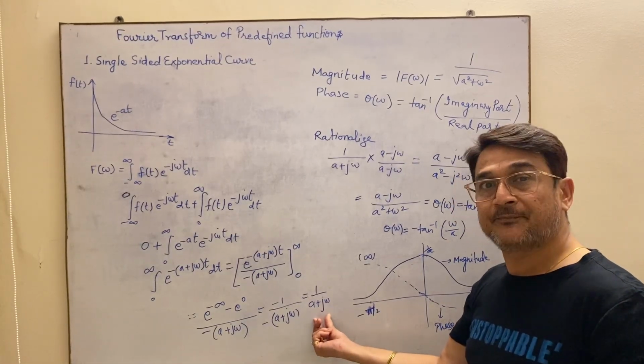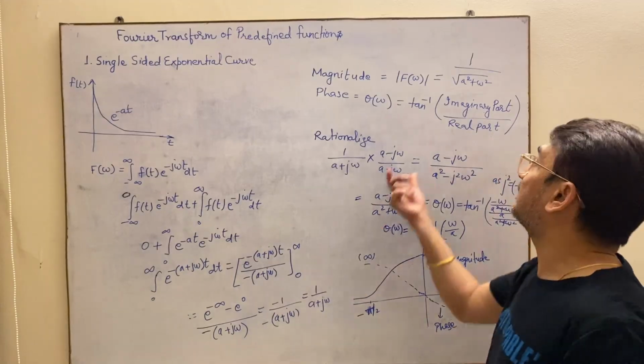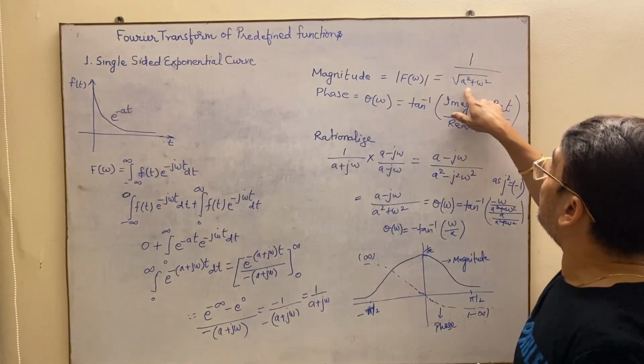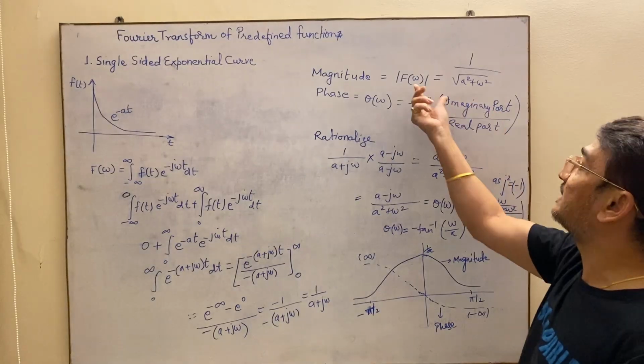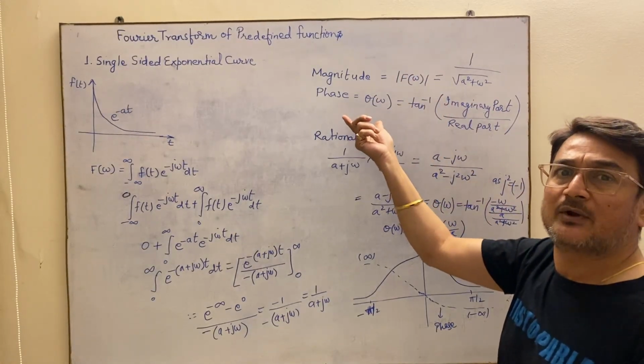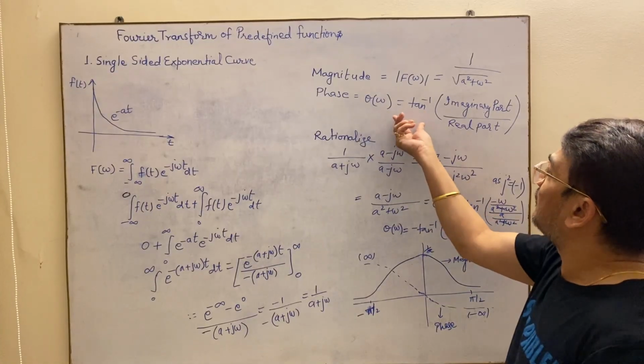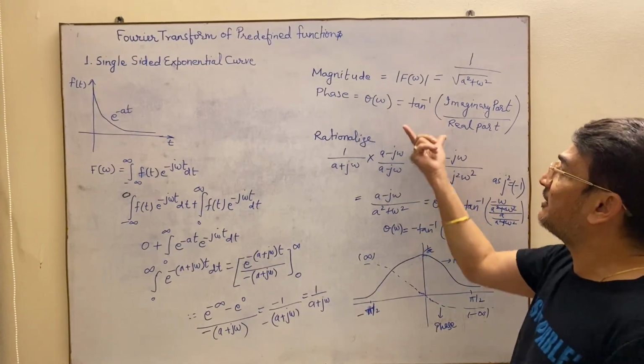This j is the imaginary term. So it can be calculated as 1 upon under root of a square plus omega square. This is how you calculated the magnitude in mathematics previously. Now we will see how you can calculate the phase.